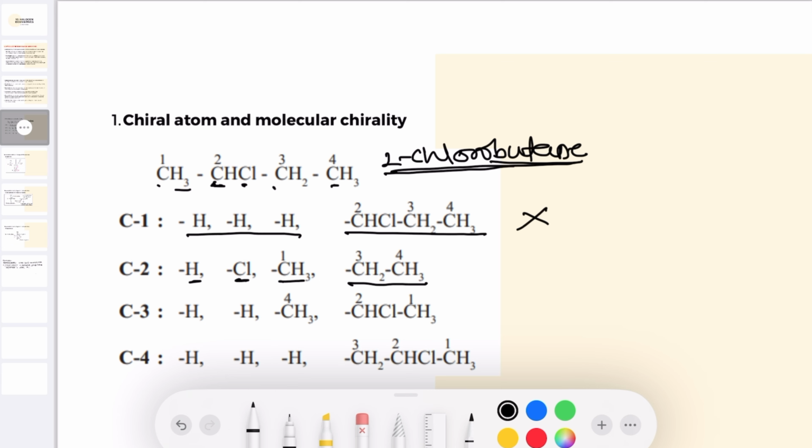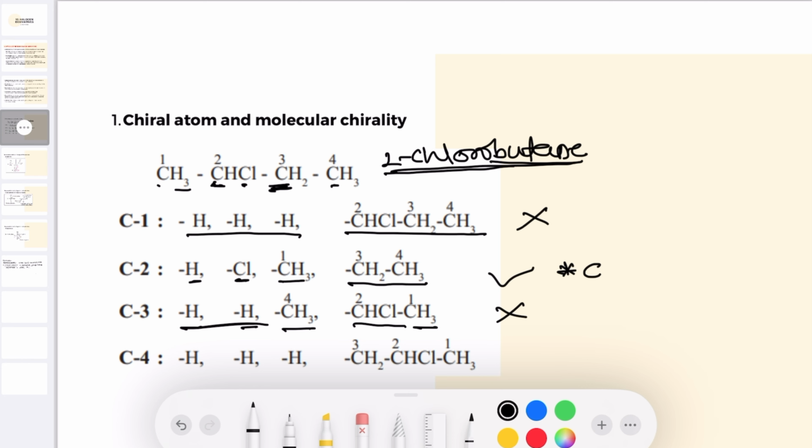So all 4 groups are different, that means it is a chiral carbon. At carbon number 3 there are hydrogen, CH3 and CHCl and CH3. So there are 2 same hydrogens, so there is an absence of chirality for carbon number 3.